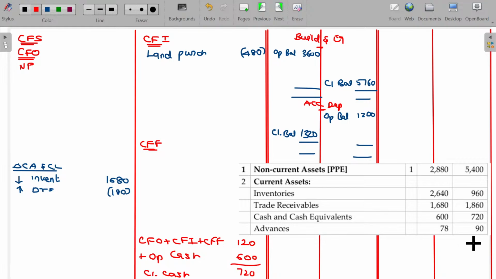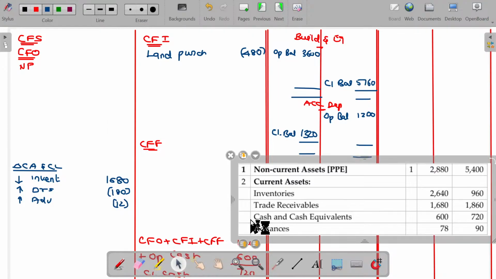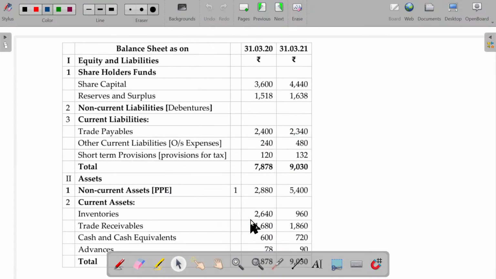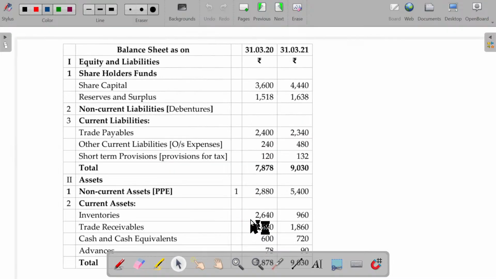Maybe expenses paid in advance, like 78 increasing to 90. You have paid additional advance, your money has gone out. So increase in advances, the value being 12 rupees, outflow of cash. So I have posted all the items given in the assets. Next, let's move on to the liability side. These are the items.